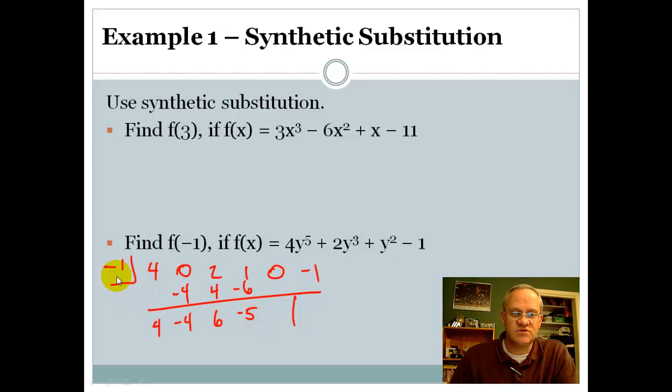Negative 5 times negative 1 is positive 5. Add those, we get 5. 5 times a negative 1 is negative 5. And we end up with negative 6 as our remainder. And so that means that f of negative 1 equals negative 6.